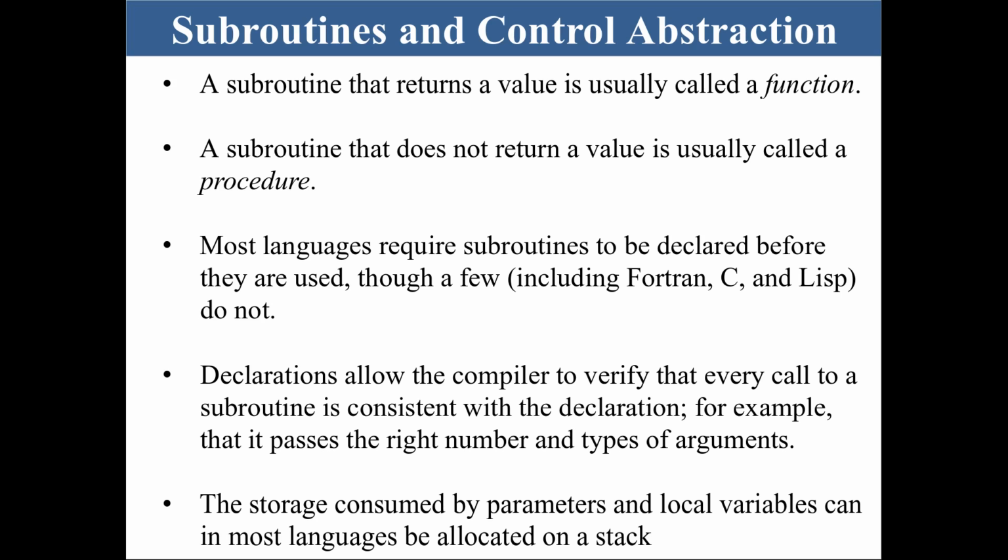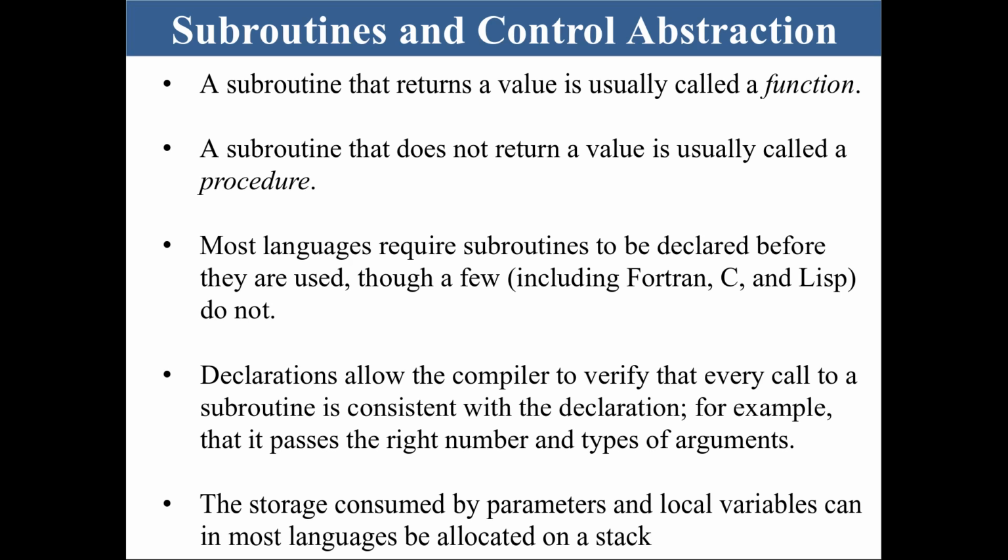The declaration allows the compiler to check whether it is calling the right subroutine, or whether it is passing the right number of arguments, or whether it passes the right type of arguments, etc. That is, the declaration allows the compiler to verify that every call to a subroutine is consistent with the declaration.